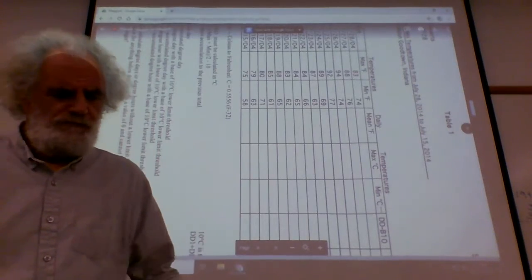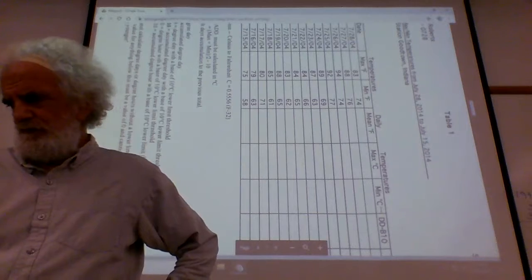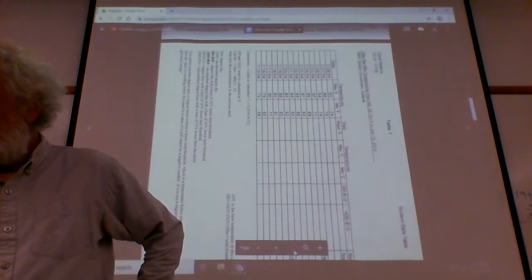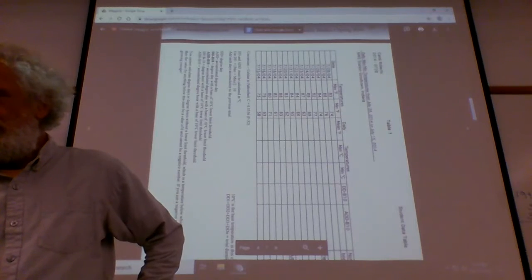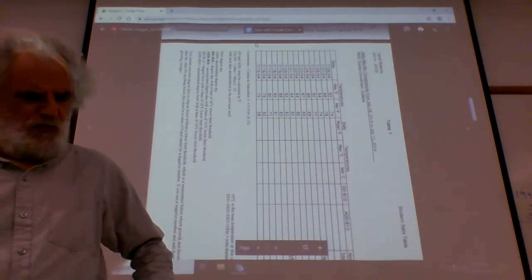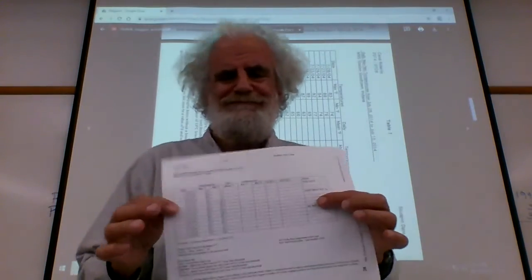So, looking at it sideways, what you have then is the weather station report. And sorry, you can pull this up yourself. Beep.